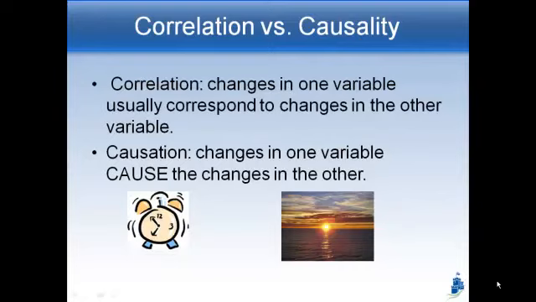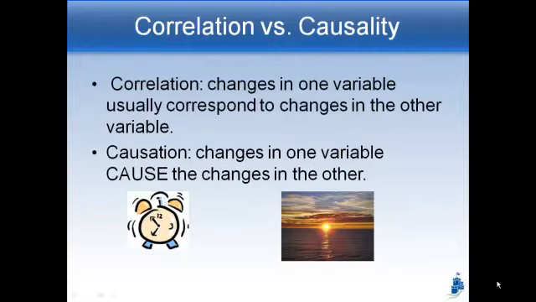They seem to be very similar. However, the sunrise does not cause the alarm clock to go off. The alarm clock goes off because of the user who sets it to go off at that time. And similarly, just because the alarm clock is going off does not mean it causes the sun to rise. So there can be relationships between variables, but they might not be causal.